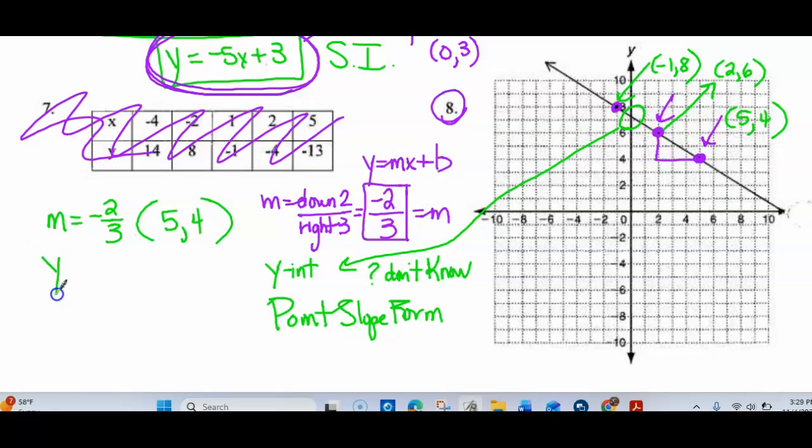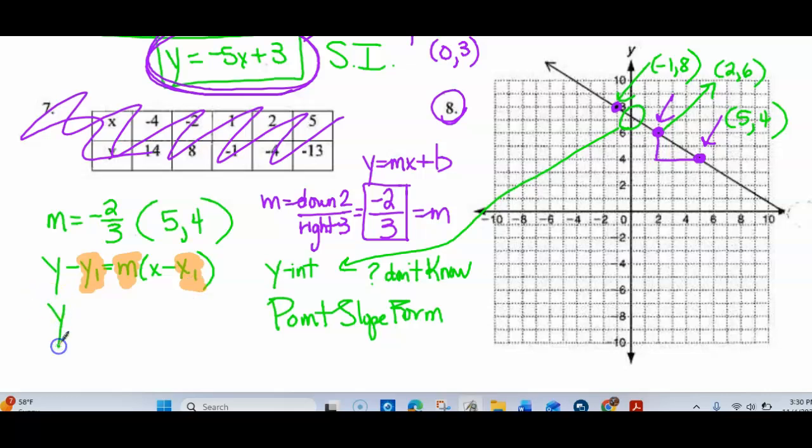So this is y minus y1 equals m times x minus x1. Now, if anything here doesn't make sense to you, that's when you come to me and say, you lost me here, Mrs. Warren, I don't understand what's going on. But I can't talk to you now. Here's the y, and here's the m, and there's the x. Now remember, we're going to replace those.